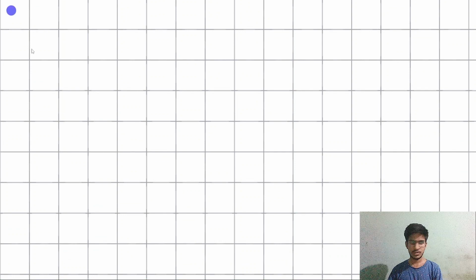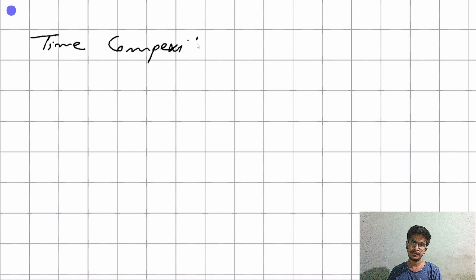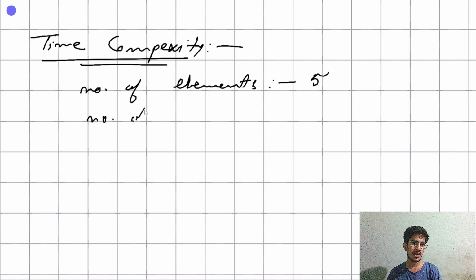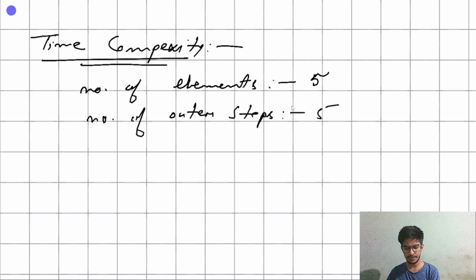So, the time complexity. In terms of time complexity, basically we have the number of elements, suppose in this case we have 5, and the number of outer steps, which in this case is also 5.